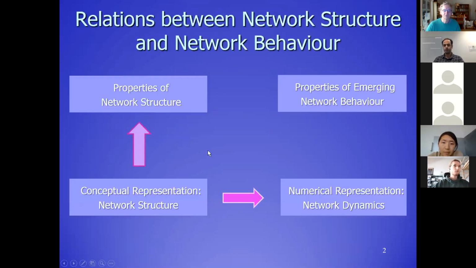So this is the same picture as yesterday. What we do is we try to find properties of the network structure from which we can tell something about the behavior. So the ideal is that from the properties of the network structure, you can derive completely what the behavior is. That's asking too much. That's not possible in general.